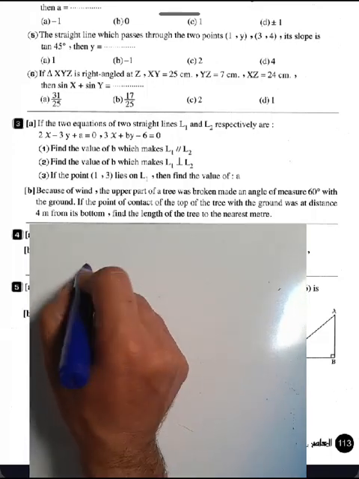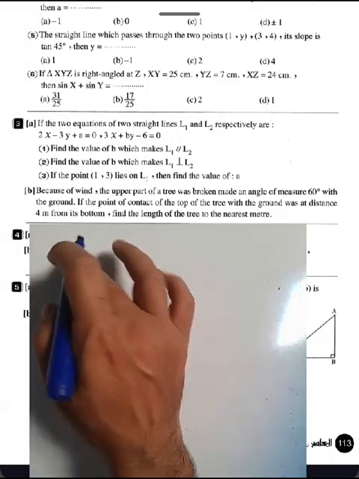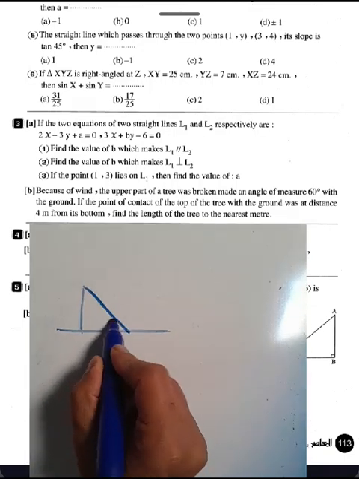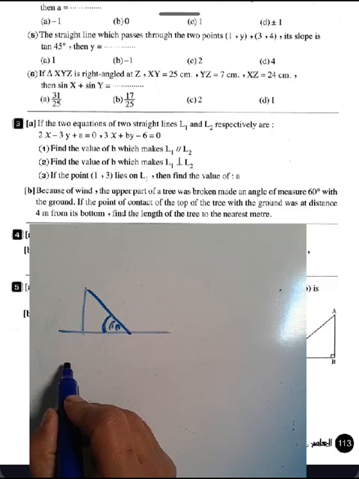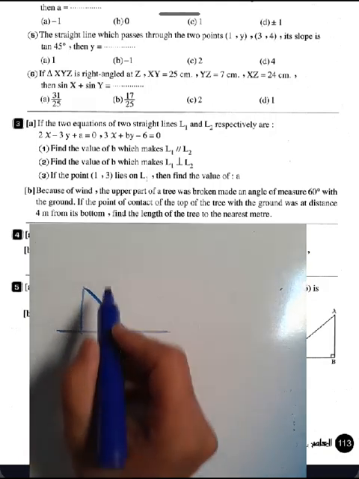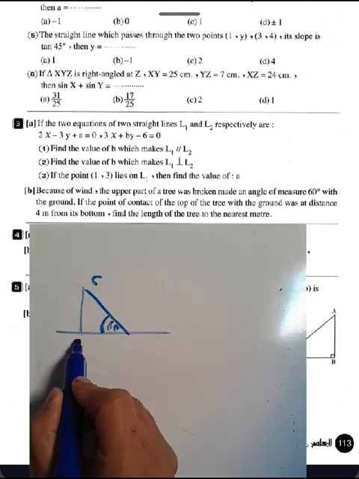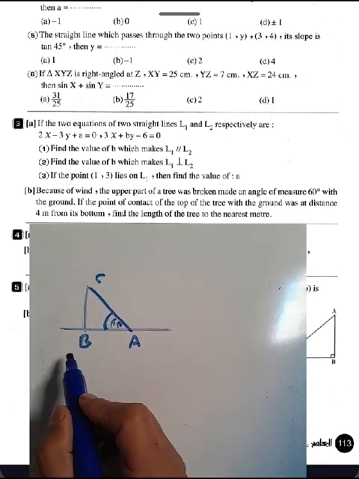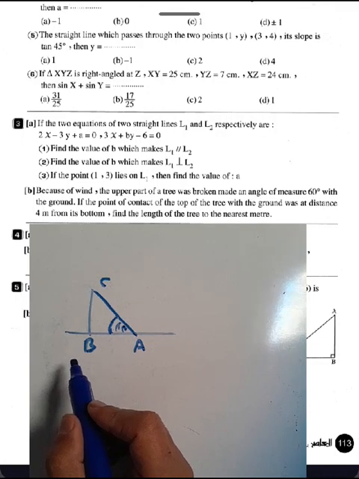We have the tree here, and this part was broken and makes a 60 degree angle with the base, and we have the right angle at B, with C and A.